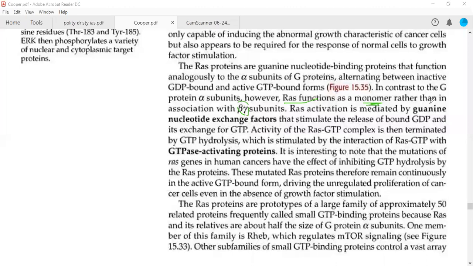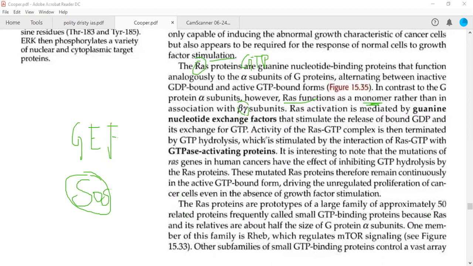RAS activation is mediated by a guanine nucleotide exchange factor, that is GEF, which when first recognized was named the SOS protein. So this SOS is our guanine nucleotide exchange factor that will help in the activation of this RAS protein so that it can interact with GTP instead of GDP.